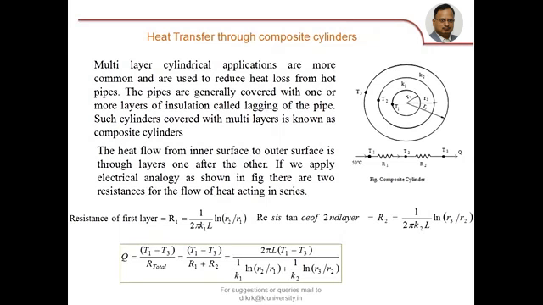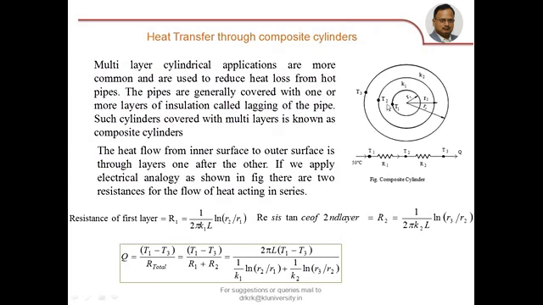Now imagine one more layer of insulation is applied on the pipe, again increasing the outer radius to R3. And the thickness of the second layer of insulation is R3 minus R2. Let the temperature at the surface of the pipe be T1, at the interface T2, and at the outer surface T3.